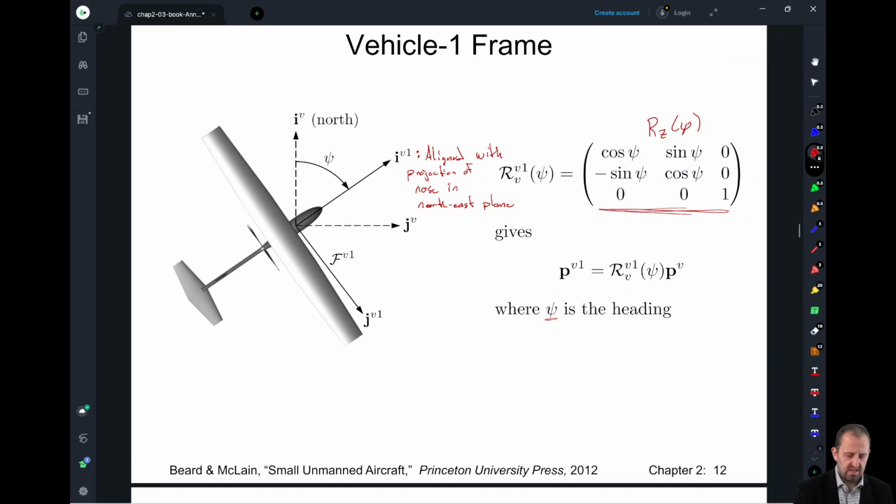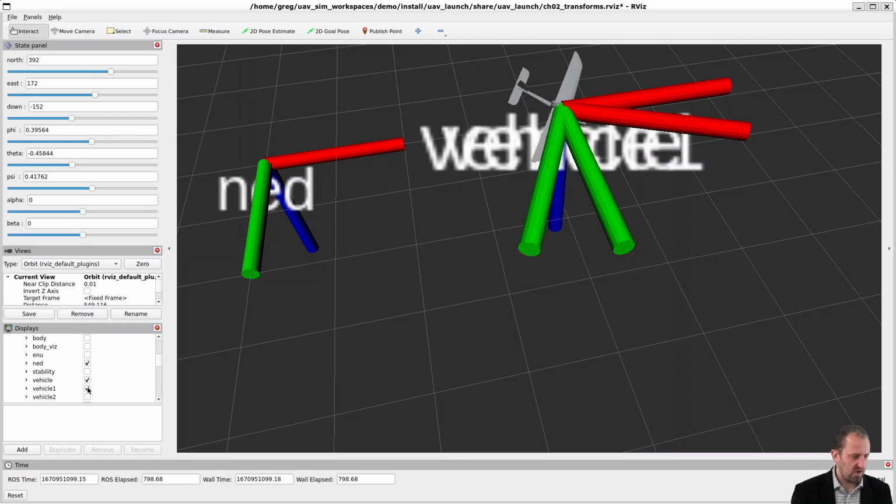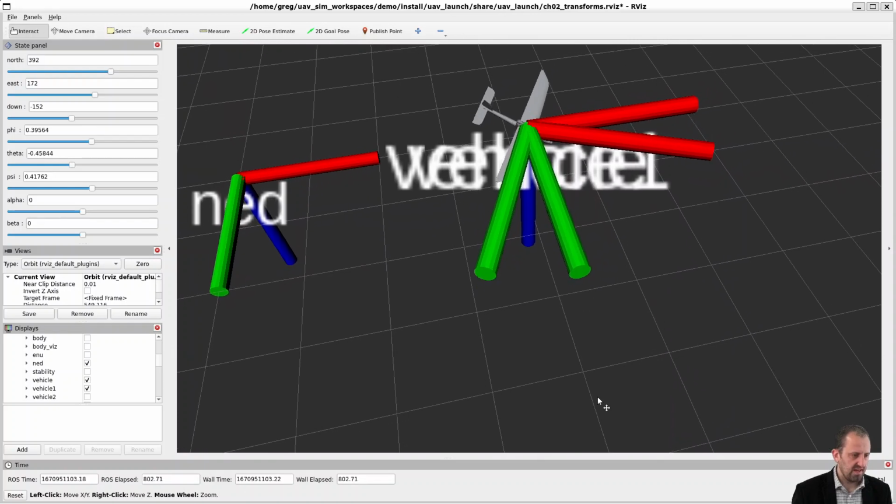This is much more easily seen in the graphic. So jumping back over to the graphic, we had our vehicle frame. Now let's look at our vehicle and our vehicle 1 frame. The words write all over each other, so we'll fix that in just a second.